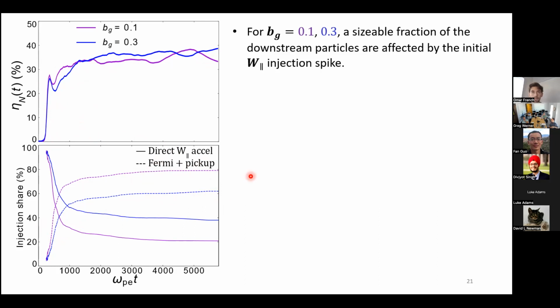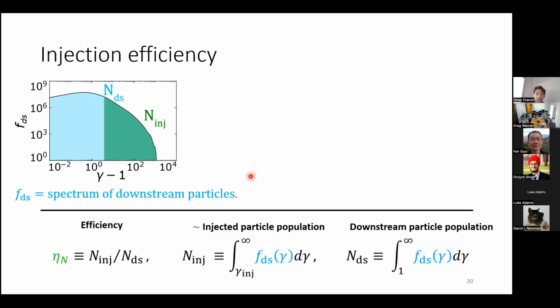So how do you compute A to N? A to N, the time slice? Yes. The spectrum itself evolves, so that FDS I showed on the previous slide is also a function of time. So N is a function of time, NDS is a function of time, and A to N is a function of time. But gamma injection is not.